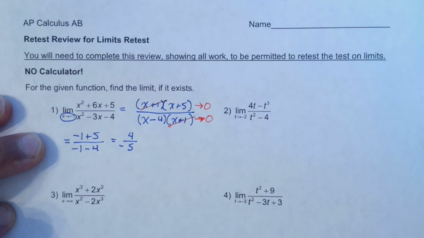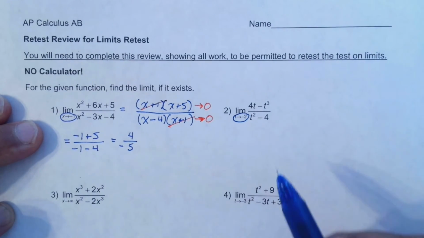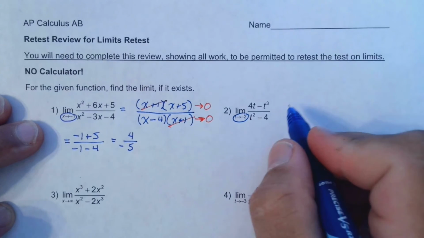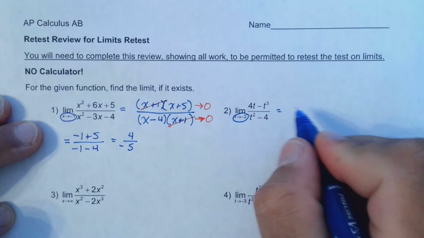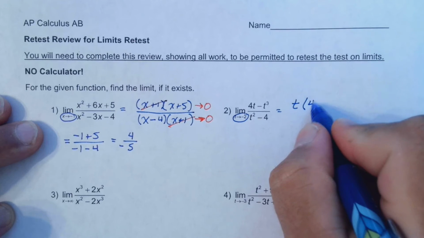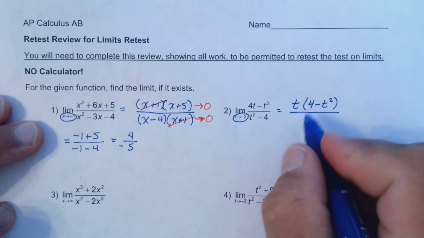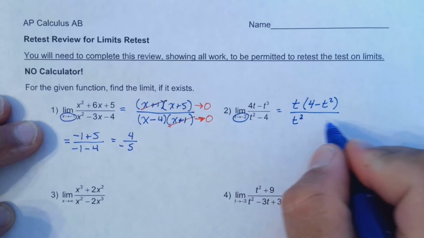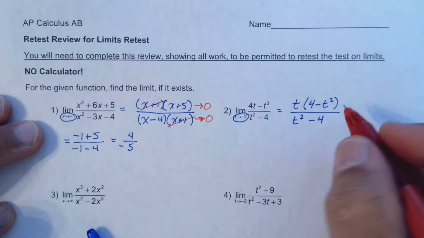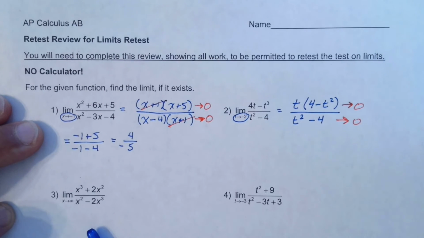Okay. For number 2, we get a similar look, and once again, if there's something that we can factor, it makes it easier for us to evaluate if we factor first, right? So we can say, hey, let me factor, and I have 4 minus t squared, and this is all over t squared minus 4. And I can tell now if I substitute in -2, the numerator goes to 0, the denominator goes to 0.